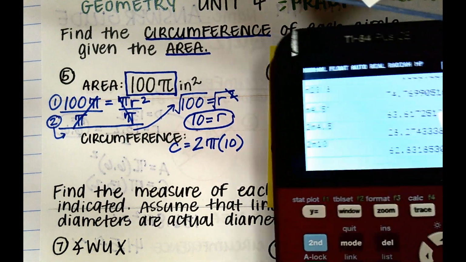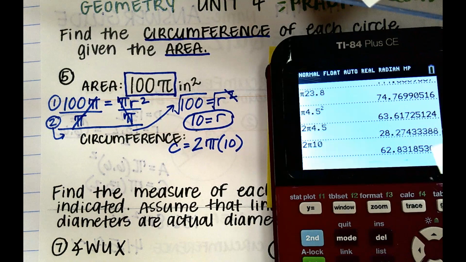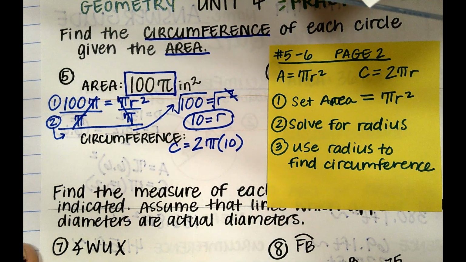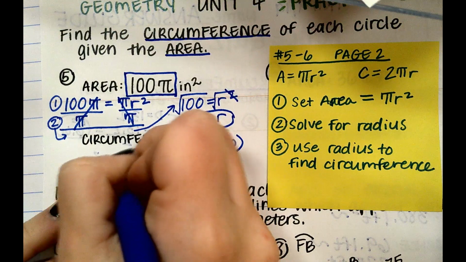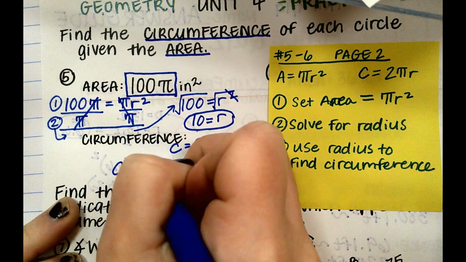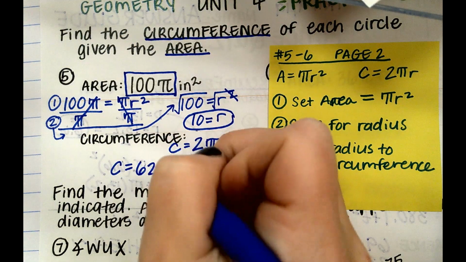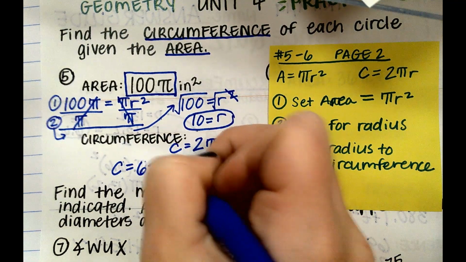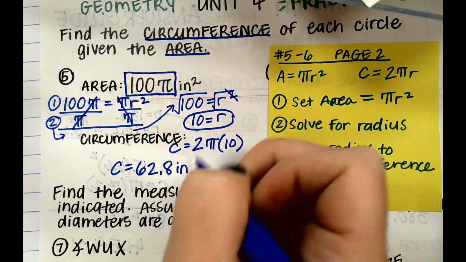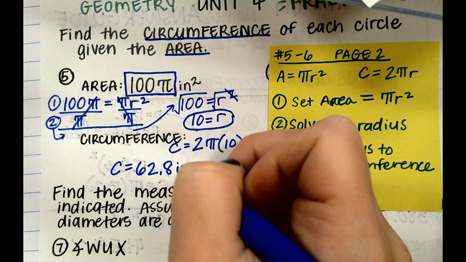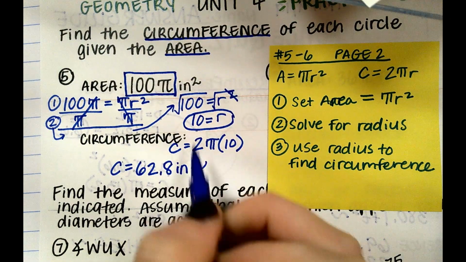And I'm getting approximately 62.8. Are you guys getting the same number? 62.8. What are my units? Inches. Good catch. Yes, inches squared is only for area. Inches is for circumference. It's just the length. And this is approximate. Don't forget your tilde.